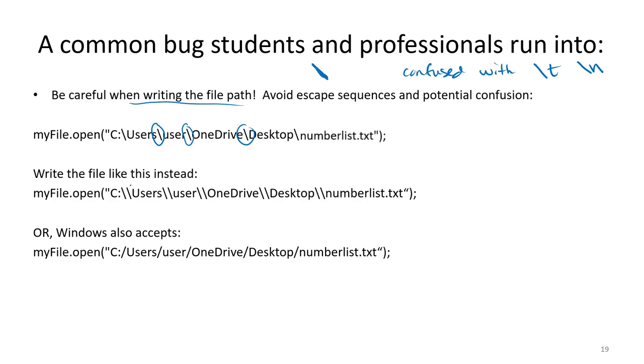So make sure if you are writing a full file path, use double slash. That way you don't accidentally get a \n confused with a new line. Windows will also accept the single slash in the reverse direction.